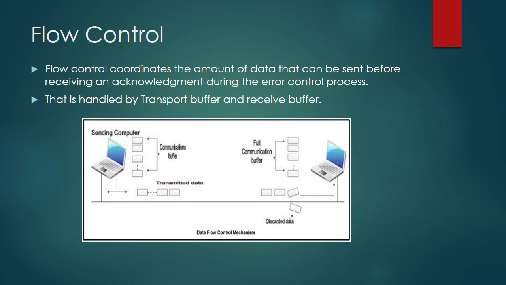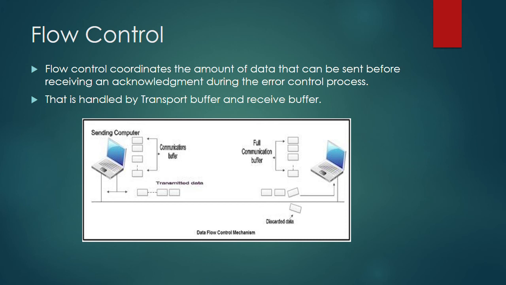In the buffer, it stores the previous signal and then sends it when the receiver wants it. And the receive buffer also is used when you need to check from the receiver's end.